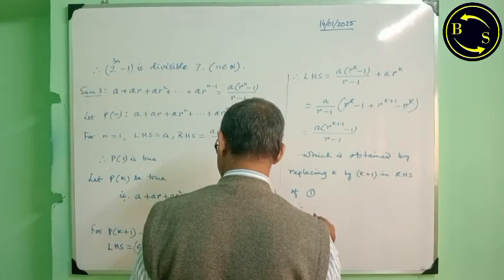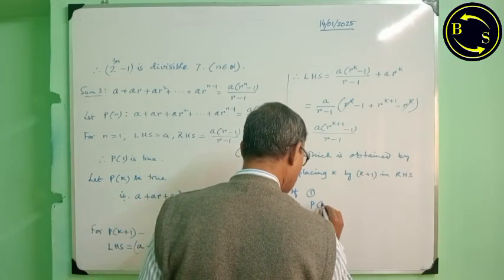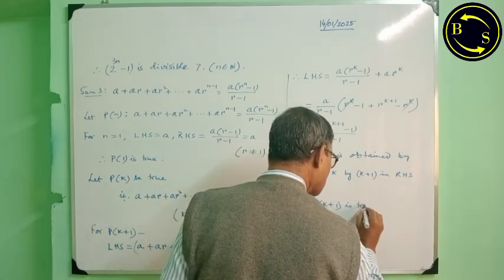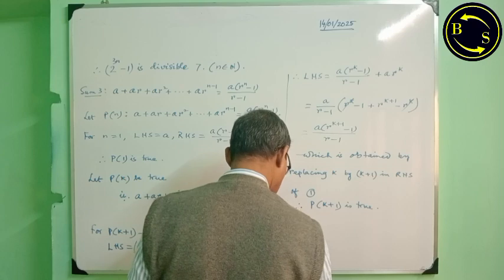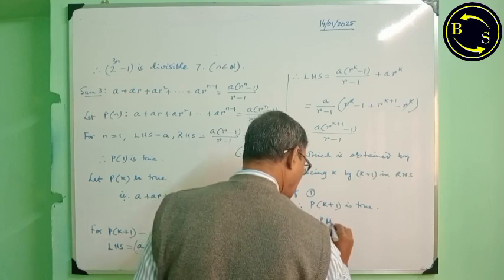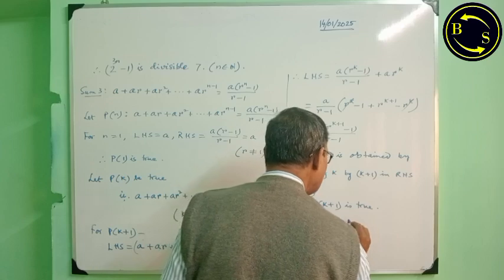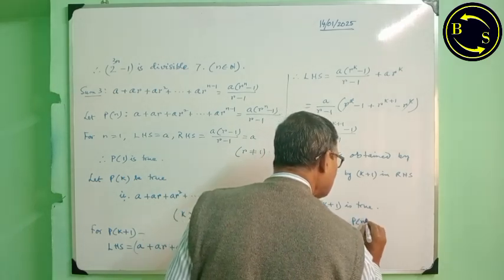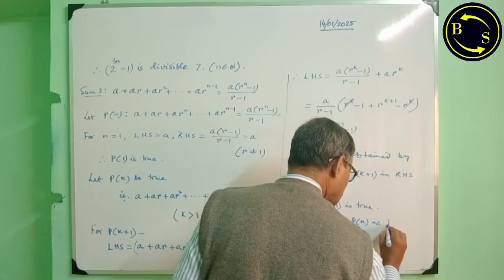Therefore, the conclusion is Pk plus 1 is true. Therefore, by PMI, Pn is true.